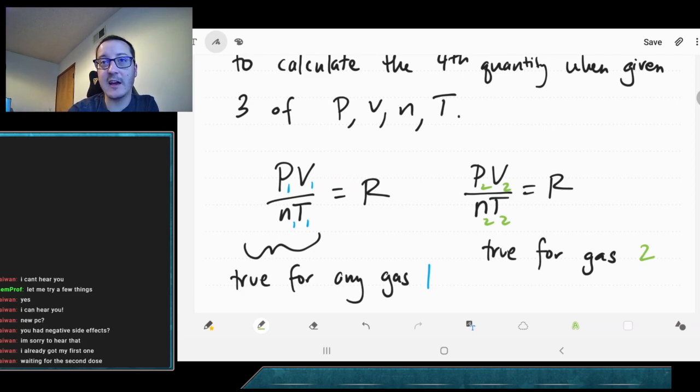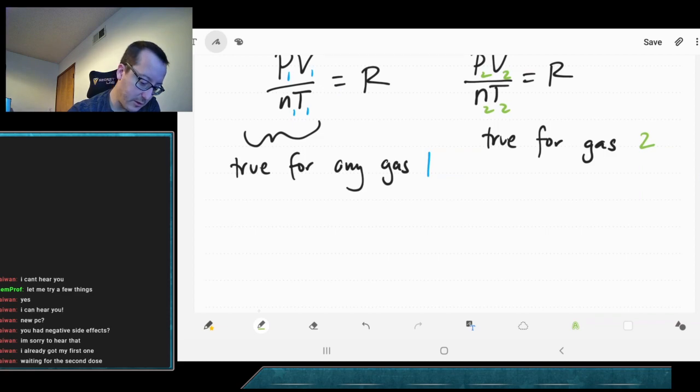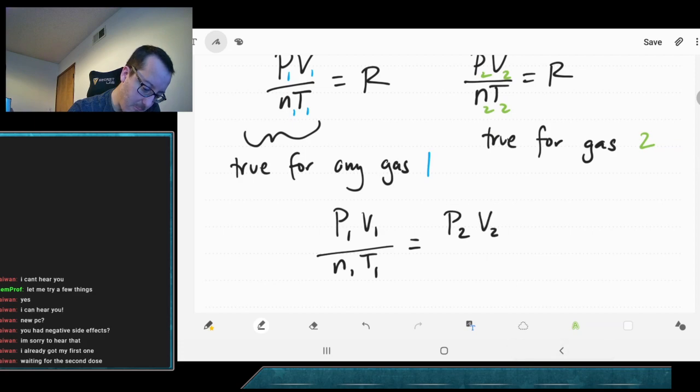Could be a completely different gas. Doesn't matter. Since they both equal R, we can set them equal to each other. So we can put all of these equal to each other.